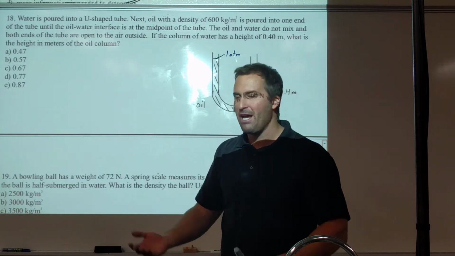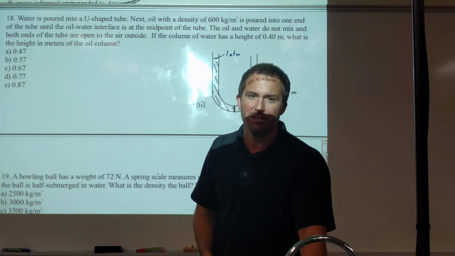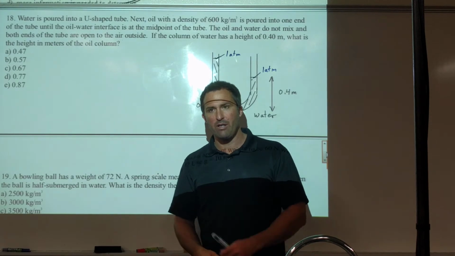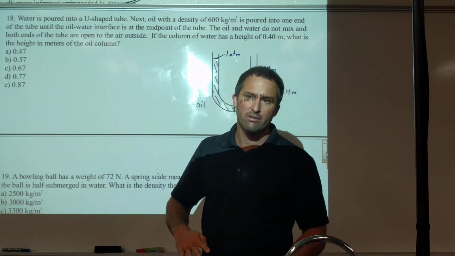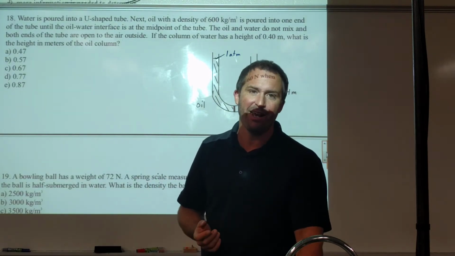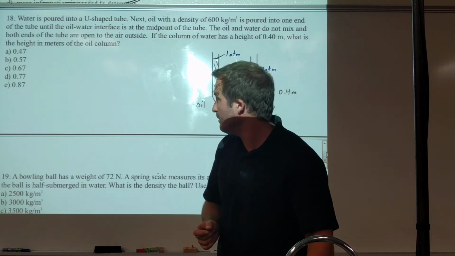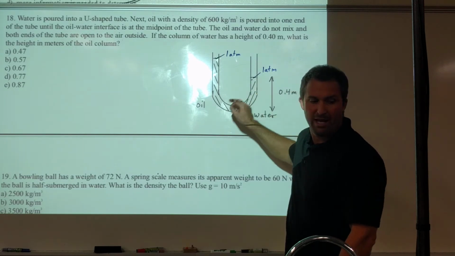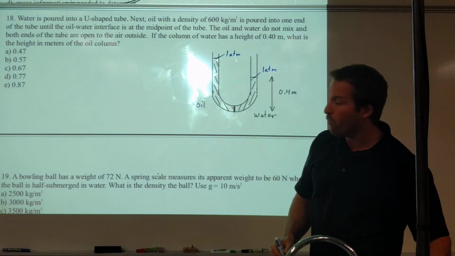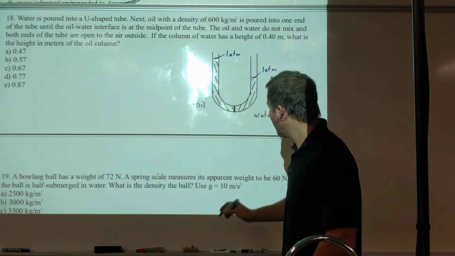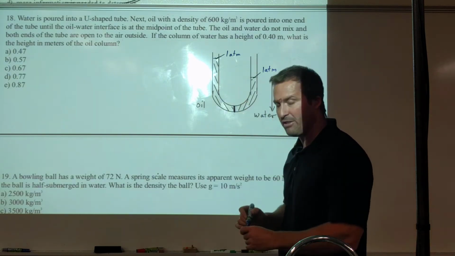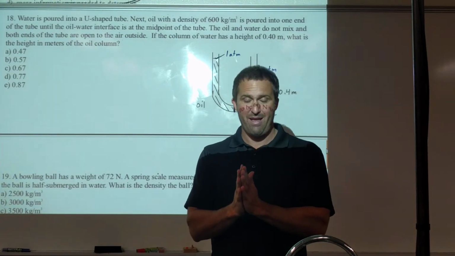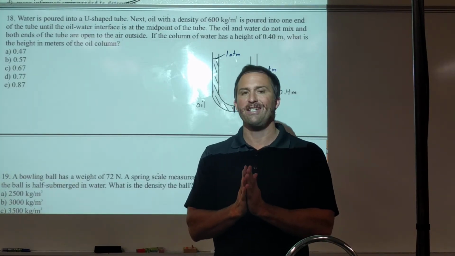But when we go down a few centimeters in air, which has about 1/800th the density of water, the increase in pressure is very, very minimal. So we're going to consider these two pressures to be the same. There's one more point where we're going to consider the pressure to be the same, and that's this interface right down here at the bottom. That should make some sense because the pressure on both sides of that interface between the oil and water needs to be the same.